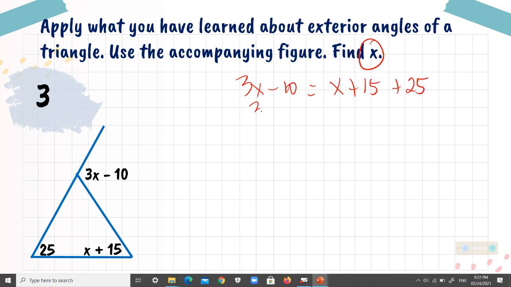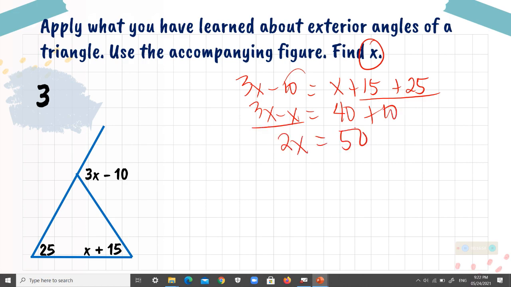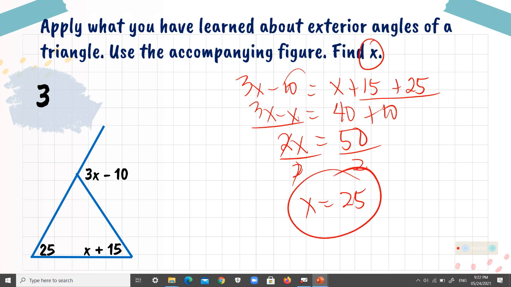And then you will have 3x minus x equals 15 plus 25 is 40. Then you will have here positive 10. 3x minus x is 2x equals 50. Then divide both sides of the equation by 2. So your x now is 25. Okay? So since the direction is just find x, we're done with number 3.